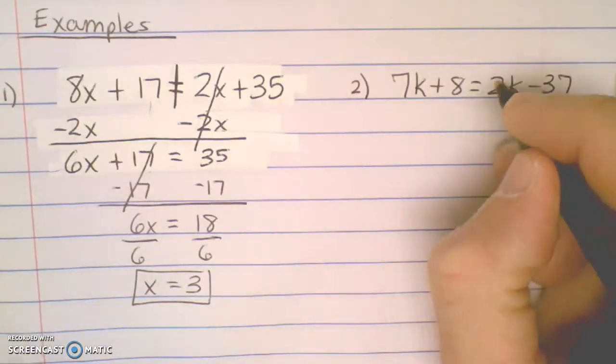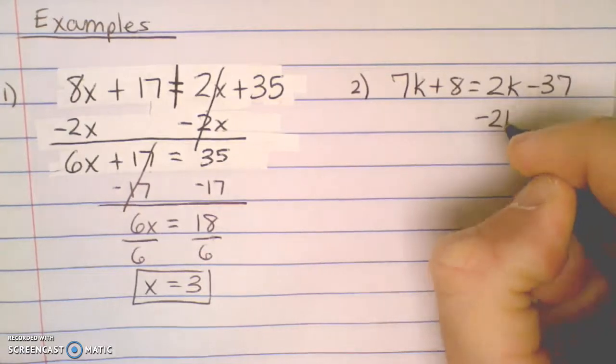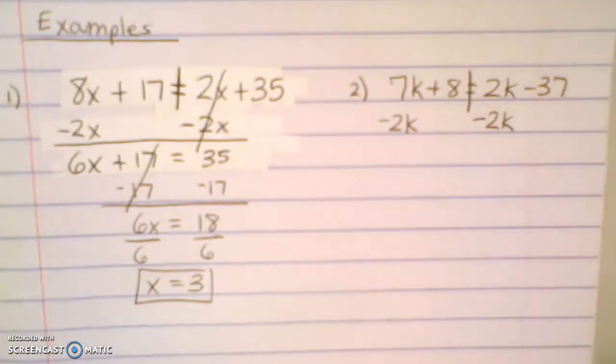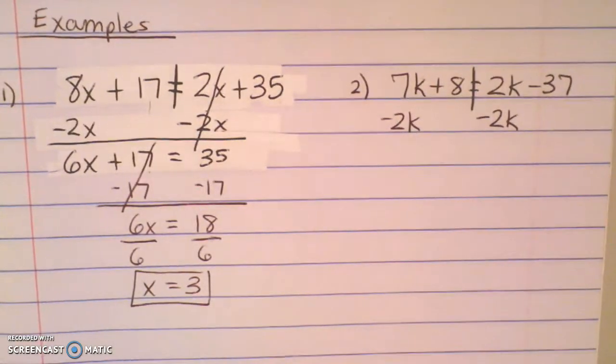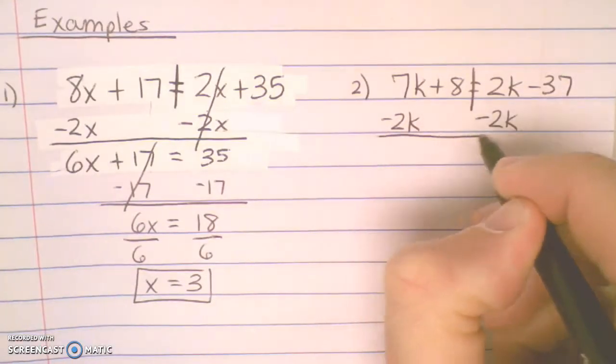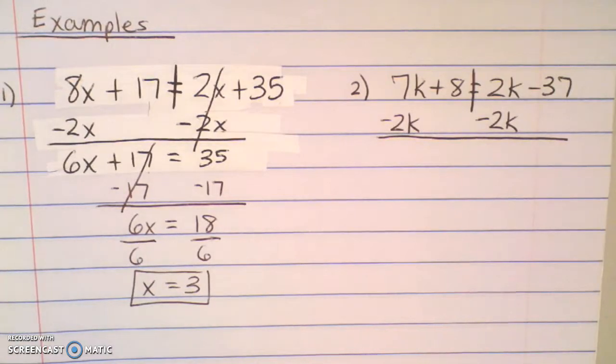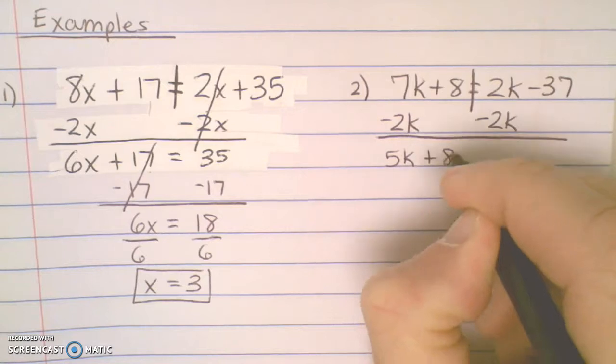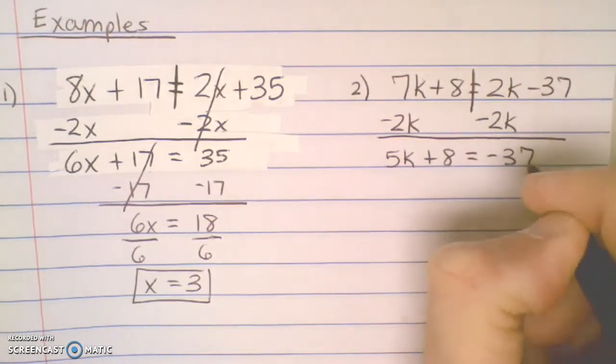So here again, I'm going to undo the 2k by subtracting 2k on both sides of the equal sign. And remember, this is a wall that separates both sides. So I get 5k plus 8 equals negative 37.